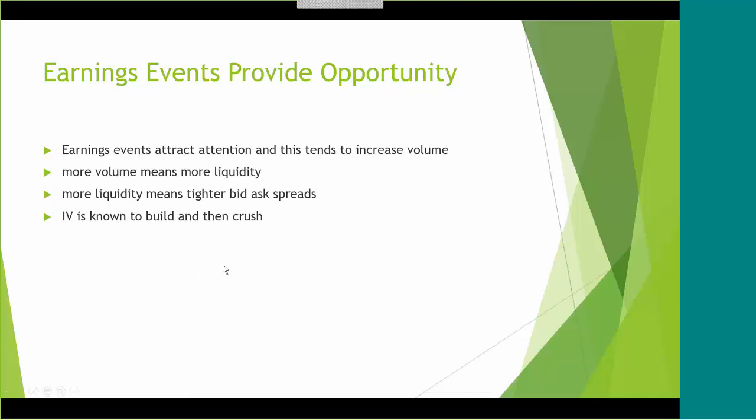And implied volatility is known to be building as we approach the earnings event, and of course then there's the implied volatility crush immediately following the earnings event. All of these things provide us opportunities to build and design option trading strategies around.